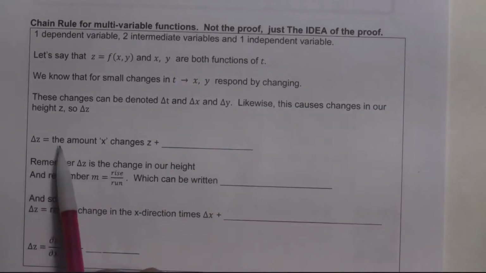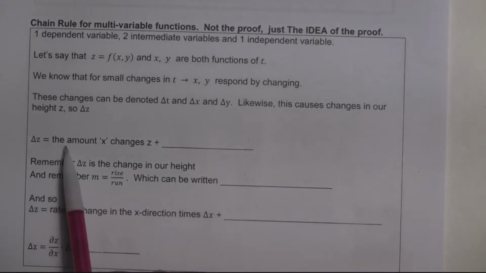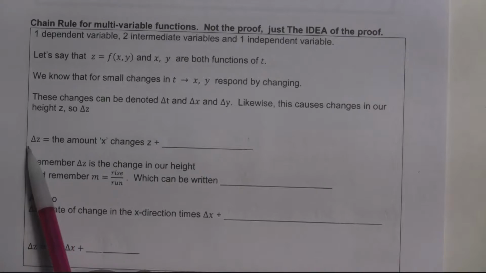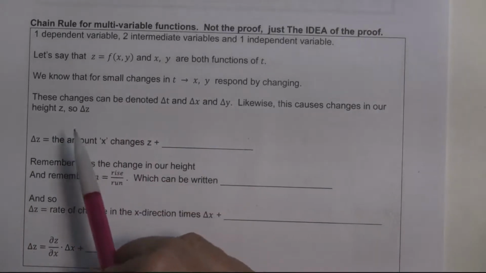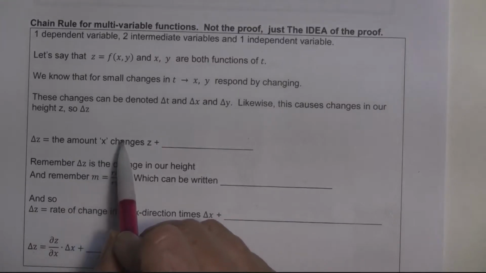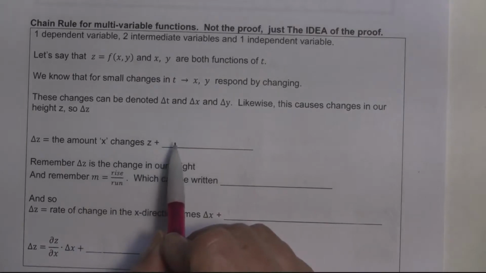So delta z is the amount x changes z. So there's going to be two parts to how delta z changes. Because z was in terms of x and y, it's going to take into consideration the changes in x and also the changes in y.